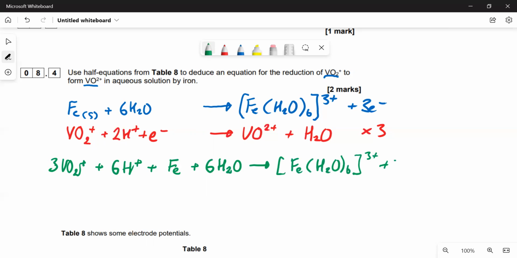And we're going to get 3 of those. And we're going to get 3 waters. But we can do a bit of cancelling of waters out here, because we've got 6 waters there and we've got 3 waters there. So that means we get rid of 3 from both sides of the equation. They go, and that becomes 6 minus 3 gives us 3. So that's our final equation there.